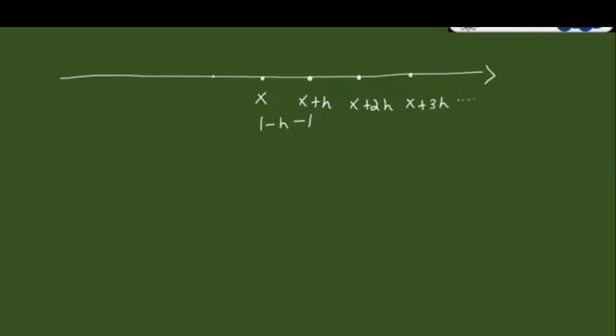Similarly, if we are here, we will have x minus h, which is the back of this reference point, x minus 2h back of it, and x minus 3h back of it, and this continues. We can also have some y values, which we are not highlighting at the moment, but we will do it at a later stage.